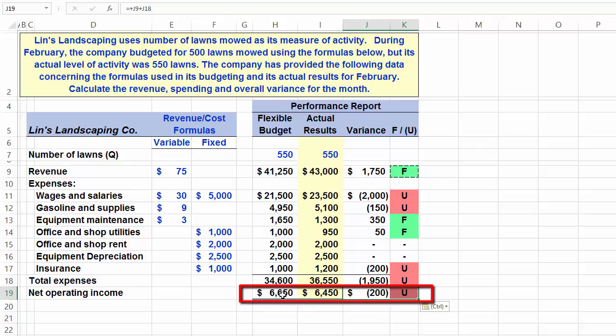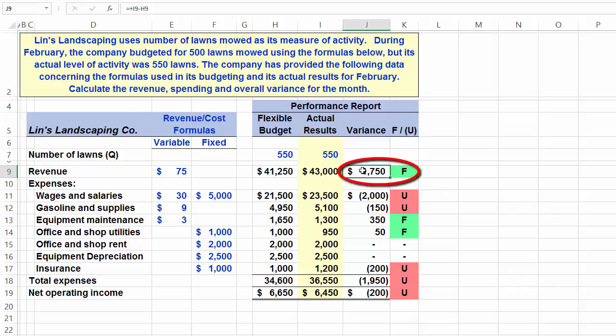Our net operating income was budgeted to be $6,650, and we actually earned $6,450. We earned $200 less than we planned to, and we can see that by looking at our revenue variance, which is a favorable variance of $1,750, and compare it to our unfavorable expense variance of $1,950.